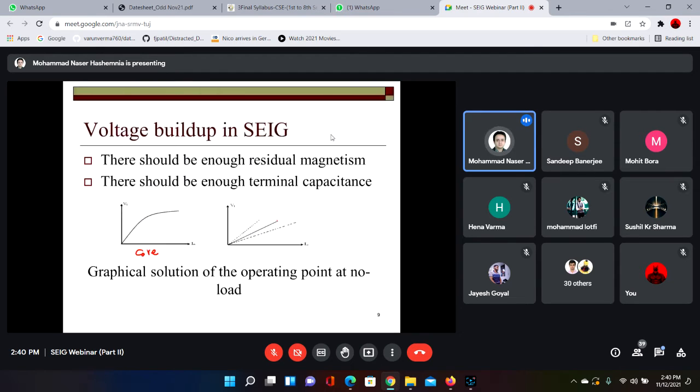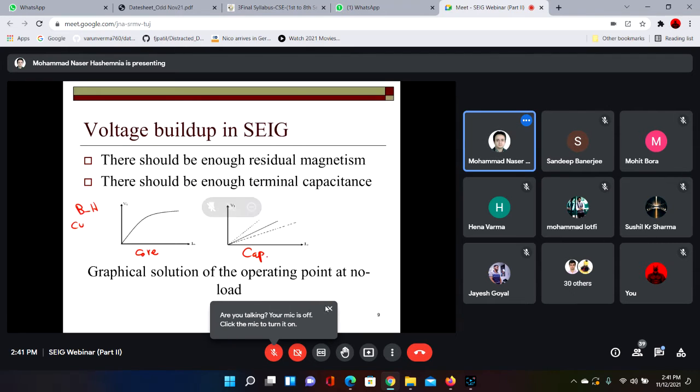You have to find the point at which the two curves intersect each other, of course, at no load. At no load, you have a volt-ampere characteristic from the core, which is related to the V and H curve, and you have also a volt-ampere characteristic for the capacitor. The slope is equal to the reactance of the capacitor.